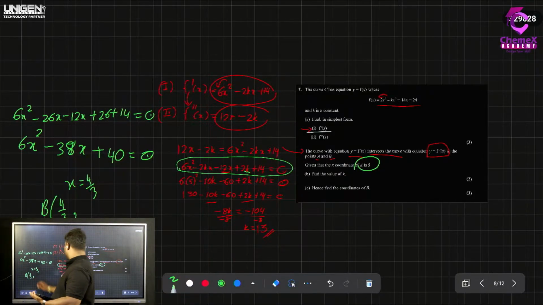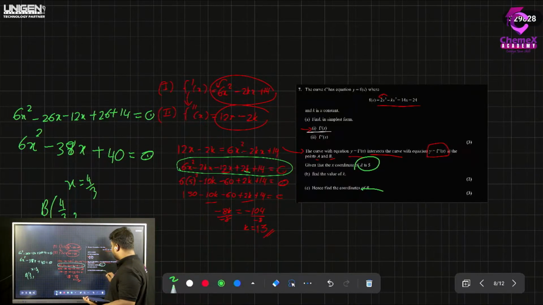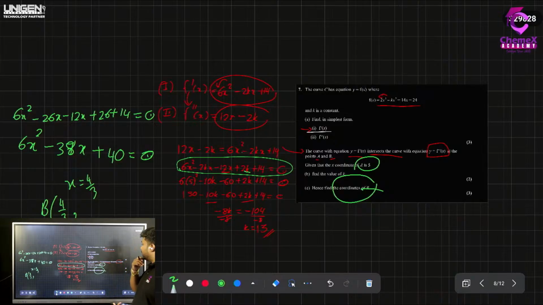Okay, now read the question. It asks for all the coordinates of b, so you have to find y also. Now the question is, what equation are you gonna go to find y? You have to go to the main equation. Substituting into the differential doesn't work.